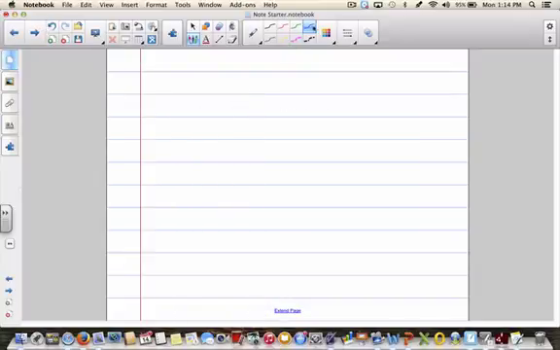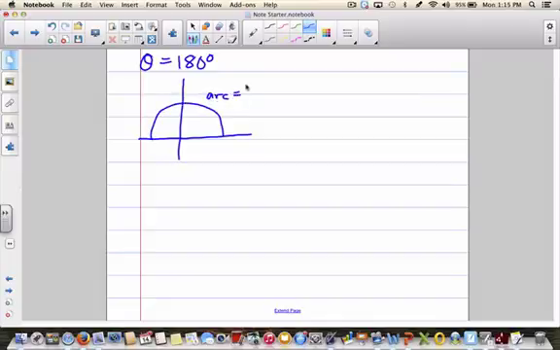I'm going to look at another angle that we know some stuff about. So I'm going to consider, well, what if we rotate 180 degrees? I'm still dealing with a unit circle, so my radius is going to be 1. But if I rotate 180 degrees, my arc is 1/2 of a circle. So then that's going to be 1/2 of the circumference, and the circumference is 2 pi r.